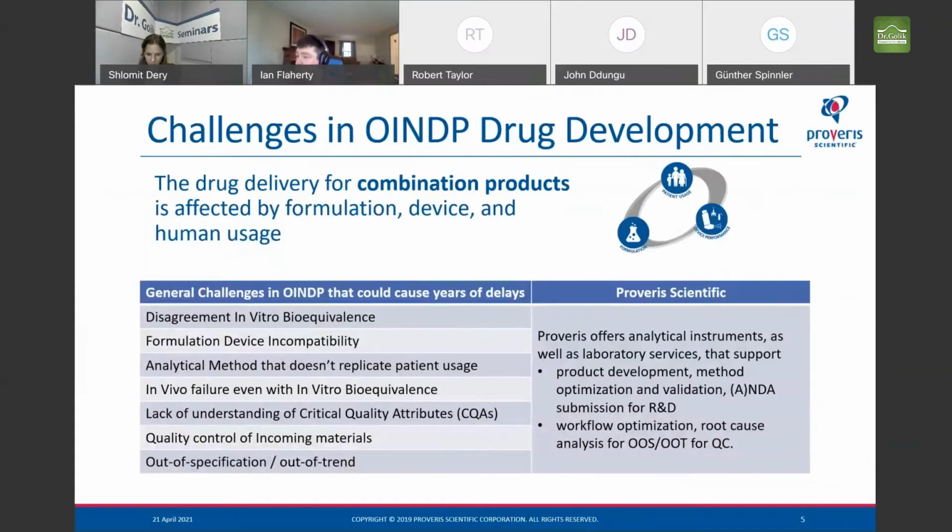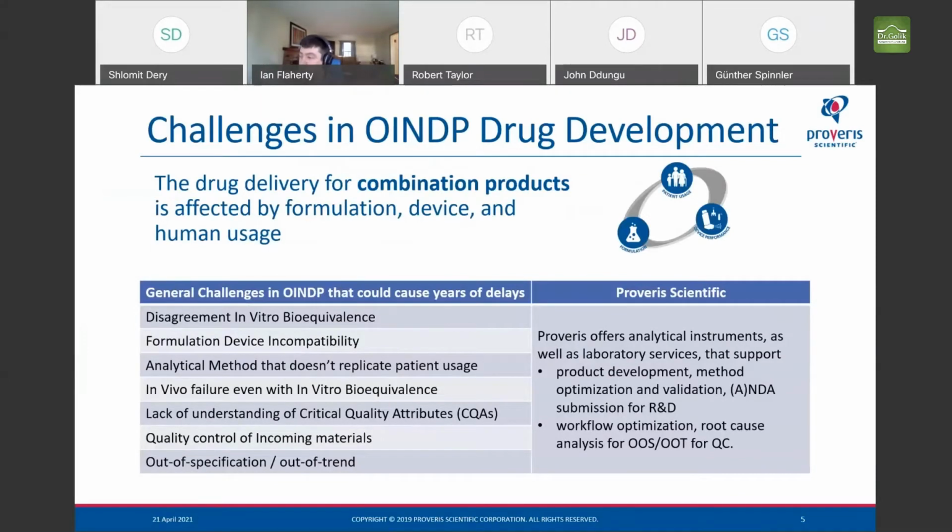Like I said, for combination drug products, these are typically the challenges in terms of the approval process that we'll see customers run into. The big one, especially these days, is disagreement with in vitro bioequivalence. If you look particularly at the market for generic inhaler-based drugs, this has been a huge issue.